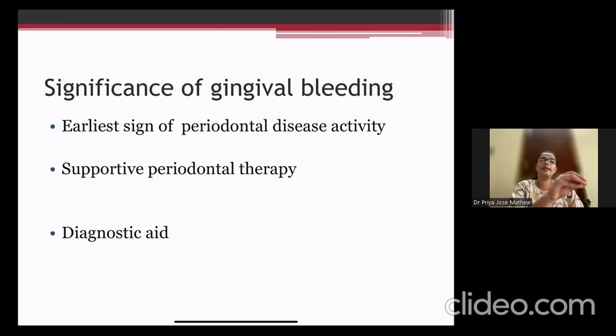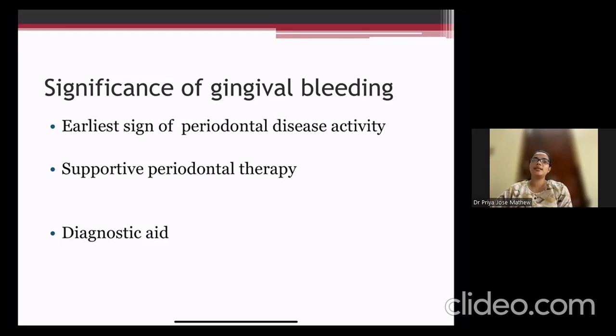If there is gingival bleeding at an area, there is disease activity happening over there. You don't need any advanced diagnostic aid to know whether this area has disease or not. Just by the sweeping action of the periodontal probe, or by assessment with gingival bleeding indices, we can know whether this area has disease activity or not. So that is the significance of gingival bleeding.